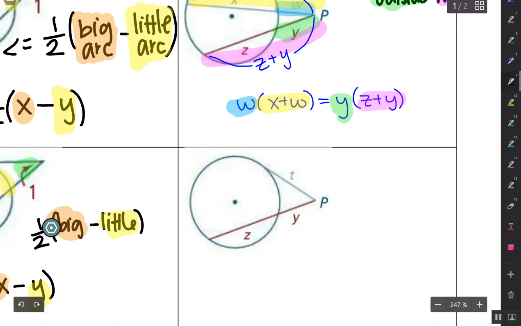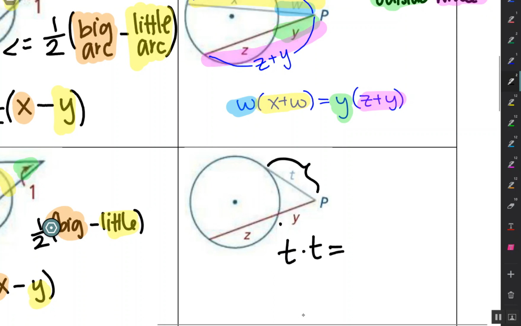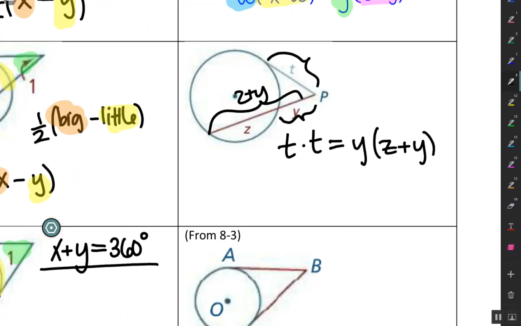And in this tangent, the outside and the whole thing are the same thing. So it kind of becomes the outside, this piece, times the whole, which is also the same thing, equals the outside, which is Y, times the whole, which is Z plus Y. But because you're multiplying t times itself, it becomes t squared.